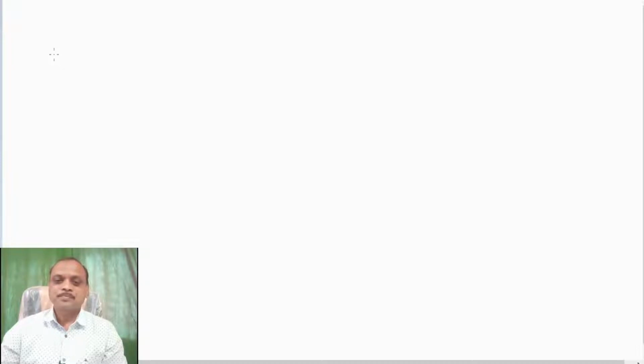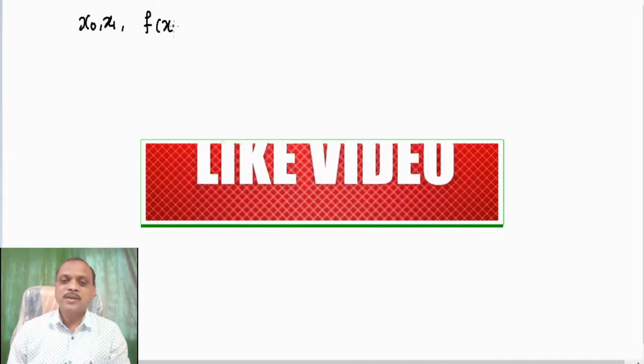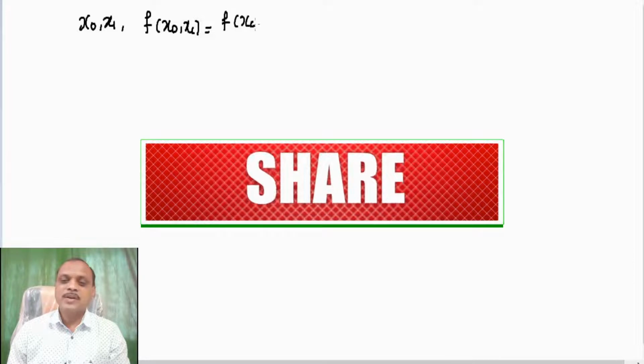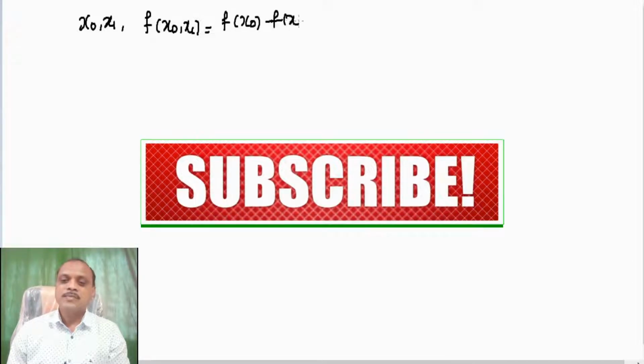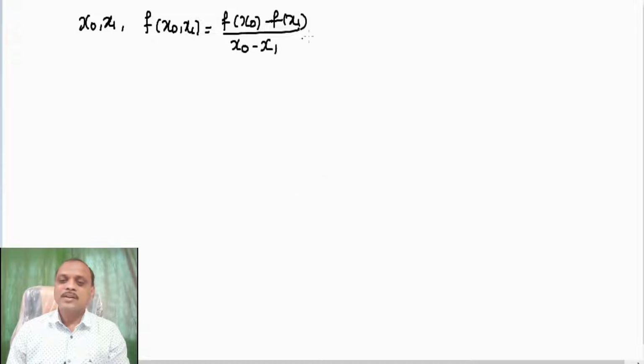Friends, we have seen how to find the first divided difference when we have two values x0 and x1. Then the divided difference of x0 and x1 is nothing but f of x0 minus f of x1 divided by x0 minus x1.